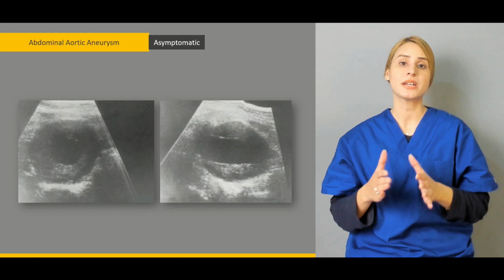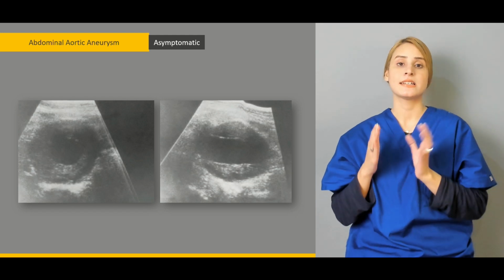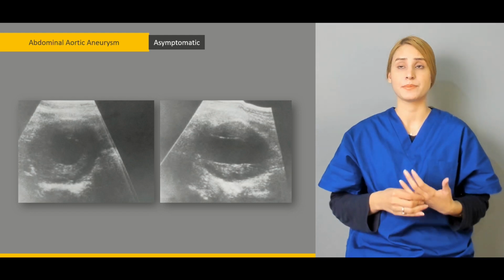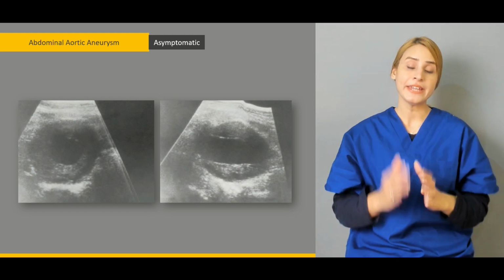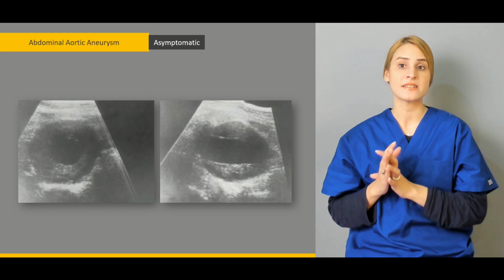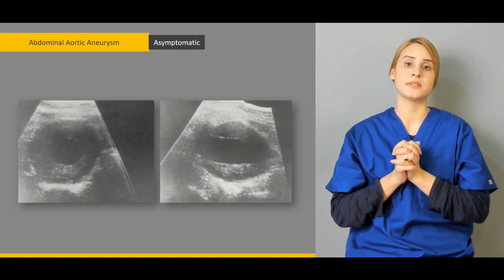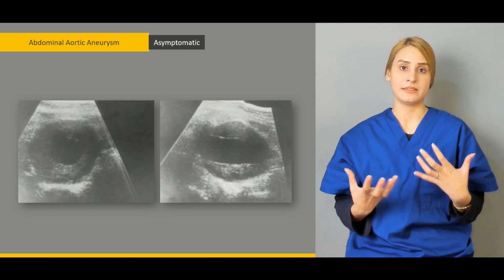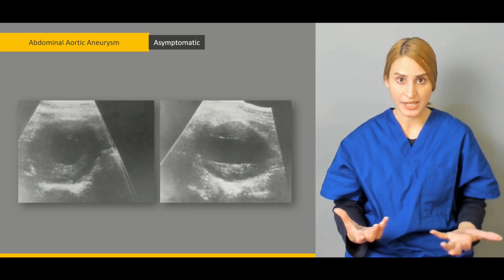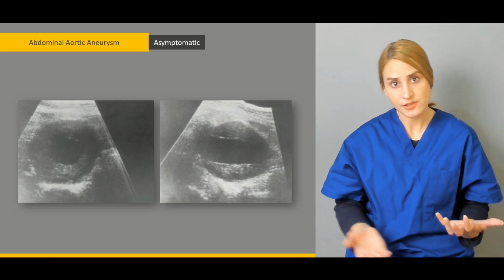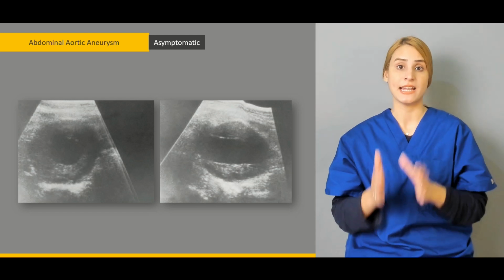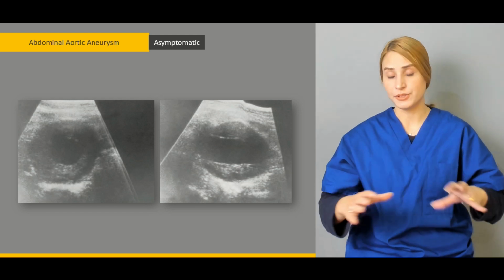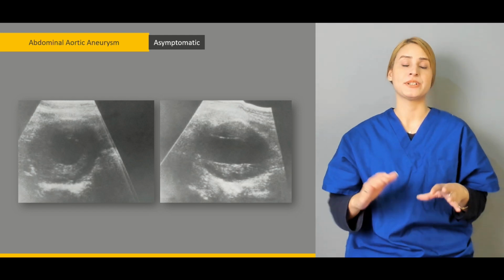But if the patient becomes symptomatic, or even if the patient is not symptomatic but the diameter is greater than 55, then surgery should be considered, because aneurysms with a larger size have more chances of rupture, and ruptured aortic aneurysms have a very, very bad morbidity and mortality.